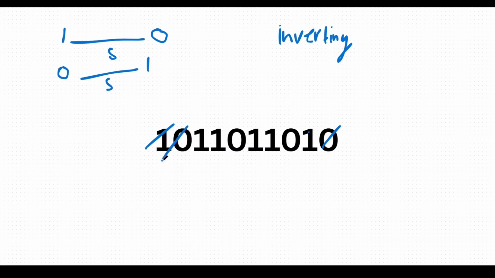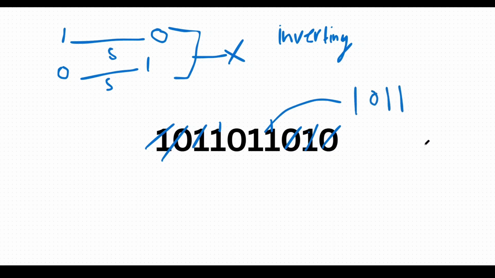So we can also cut out this, and we can also cut out this. And now here, these two elements are the same. Since it is not in our valid actions, we cannot remove this. So our initial string is 1, 0, 1, 1, which has a length of 4.